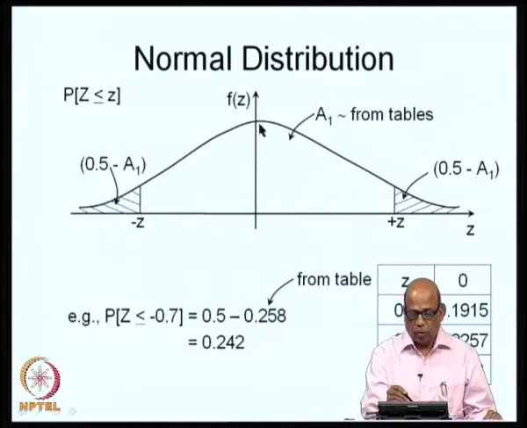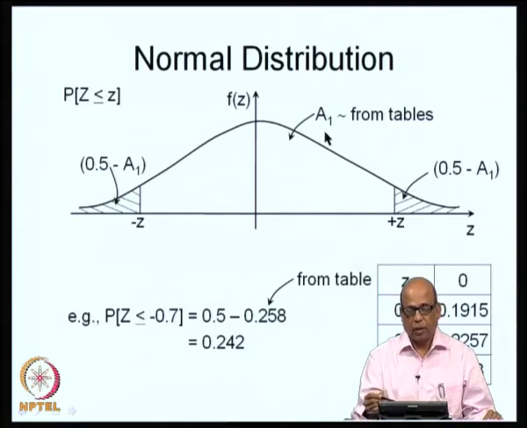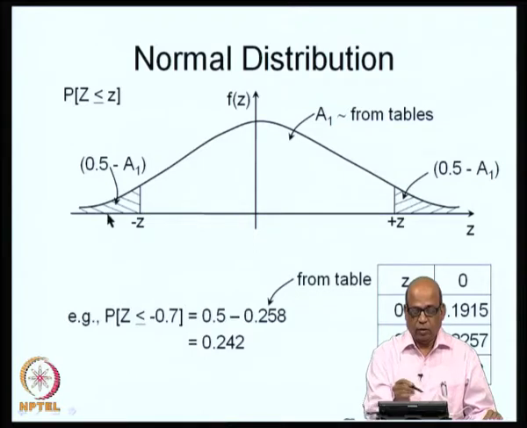Then, because the total area to the right of the curve is 0.5, the area to the right of plus z is 0.5 minus A1, and by symmetry this is equal to the area to the left of minus z, and this defines the probability that z is less than or equal to a negative value of z.